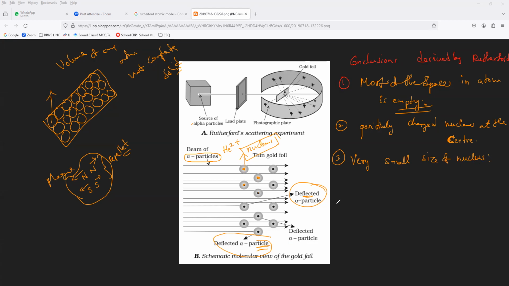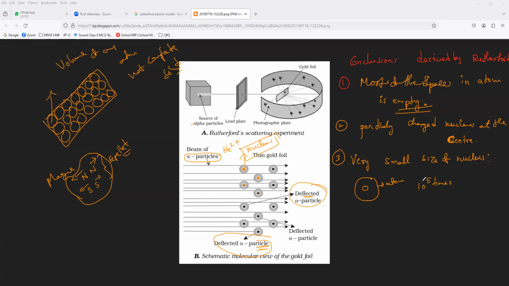Sir, how much is it? You remember, the size of the nucleus is extremely small compared to the total size of the atom. For example, if we consider this is the atom, the size of the nucleus is 1 lakh times smaller than the size of the atom. Please write it.